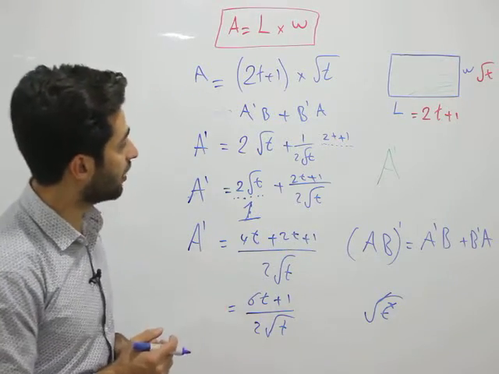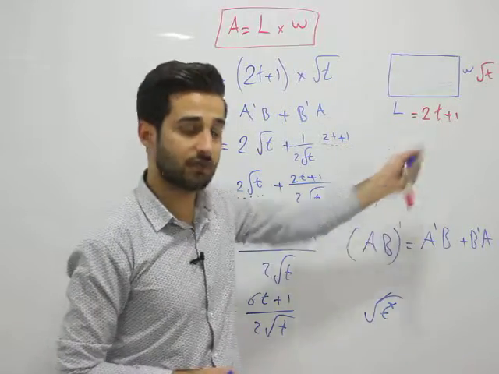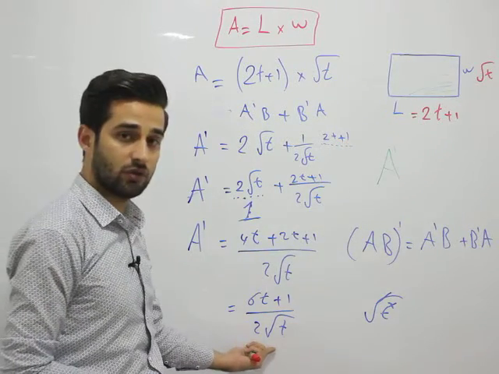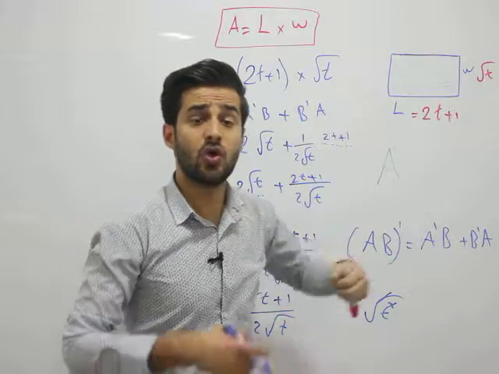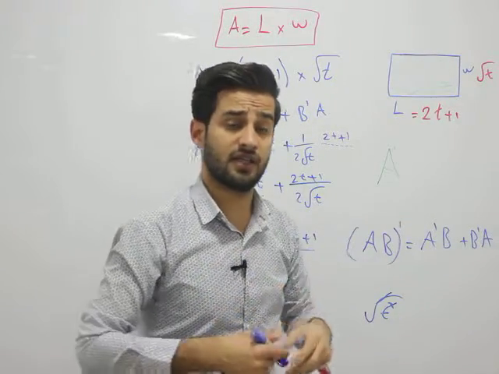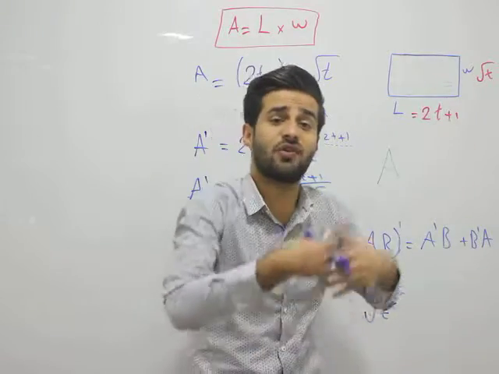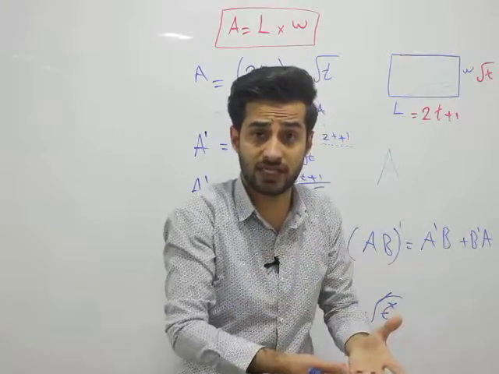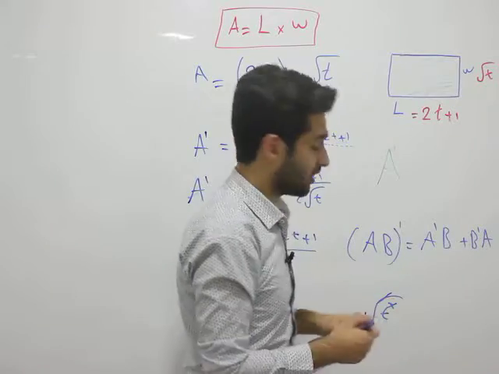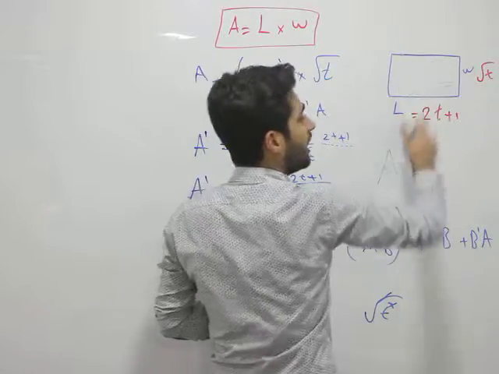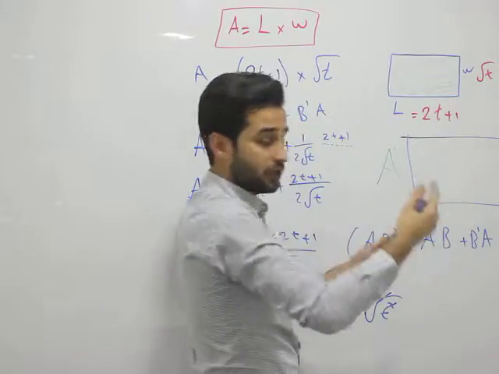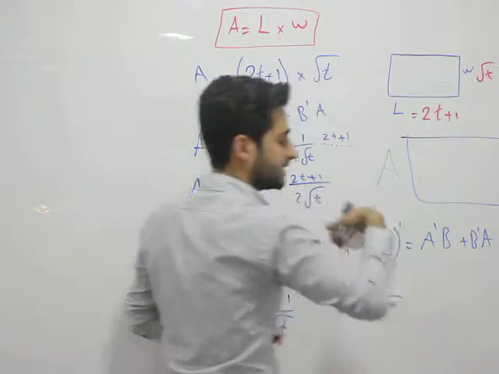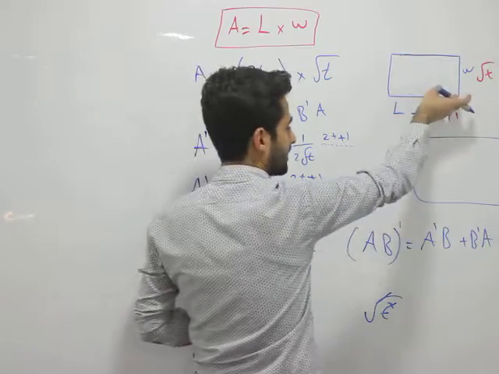That's it all about this lesson. We found the rule for the area of this rectangle when the time varies, when t varies. What do you mean by t varies? For example, this is our rectangle. After 2 seconds, our rectangle becomes a little bigger.